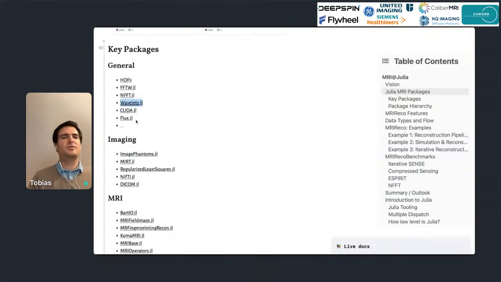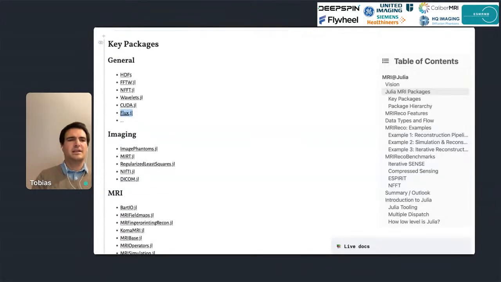And then I want to focus on two other packages, which are, in my point of view, also very important for future development in the next years. The first is CUDA.jl, which is the go-to package for general graphics processing operations. And the second is Flux.jl, which is a deep learning library, which plays in the same league as PyTorch.